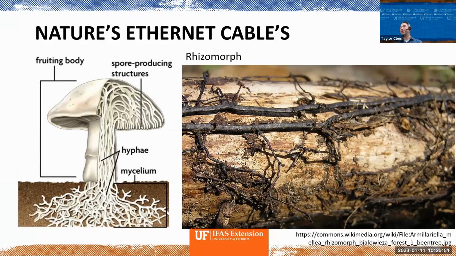But we also have these really cool things called a rhizomorph. It's a cool name. Sounds like some weird Marvel character. "I'm Rhizomorph." But it looks like a plant root. Some of them look like a plant root, and what's really cool is they're hollow. They look like straws, almost like waterproof straw things stretching through the landscape or through the soil, and you can think of them as conduits or pipes.